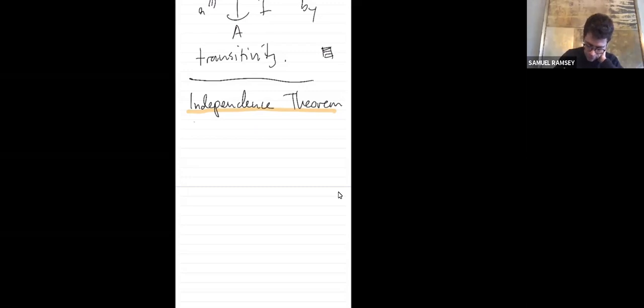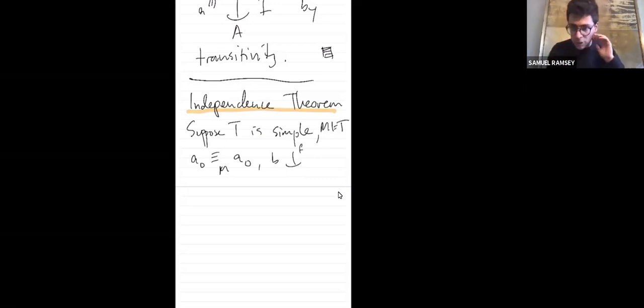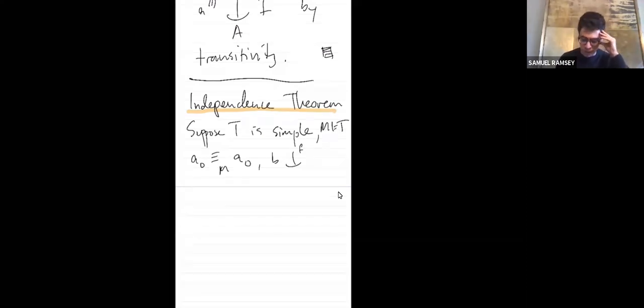It says, suppose T is simple. You have A, which has the same type over M as A0. You have B, which is independent over M. I should say that M is a model. So there's a more general statement that you can say over sets, but it's hard enough over models, so we'll restrict to that case.